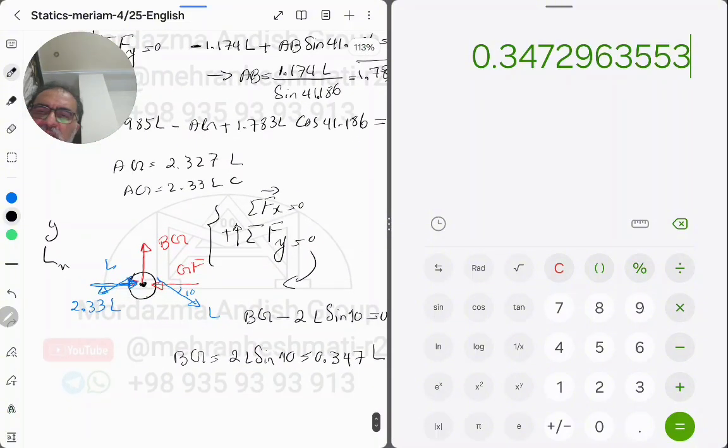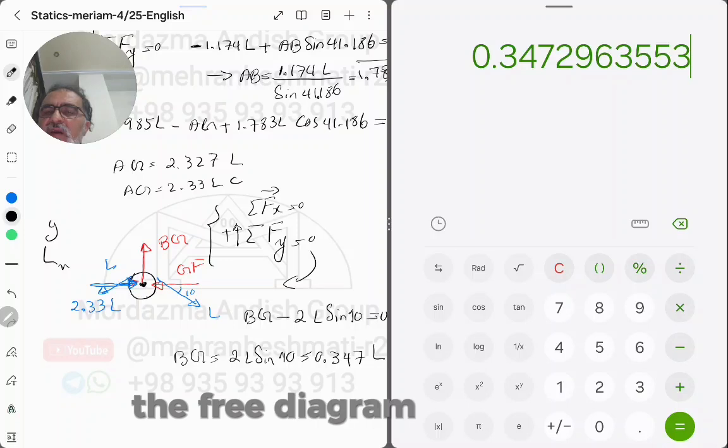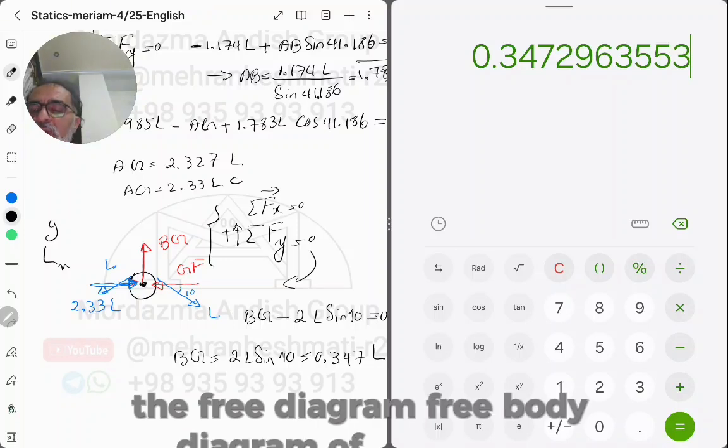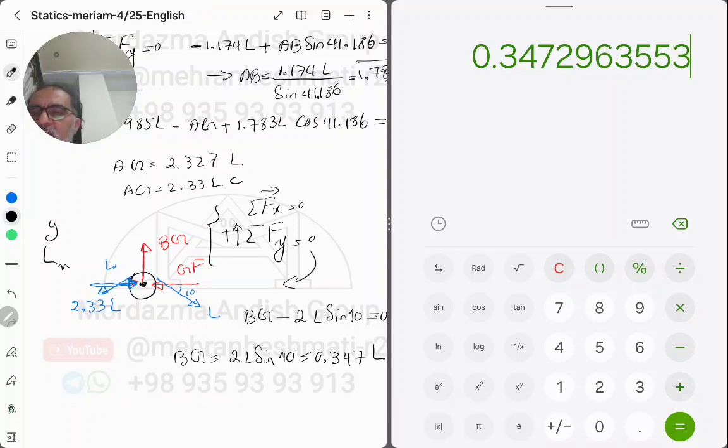And from the free body diagram of the pulley, you can see that GF has to be equal to AG.